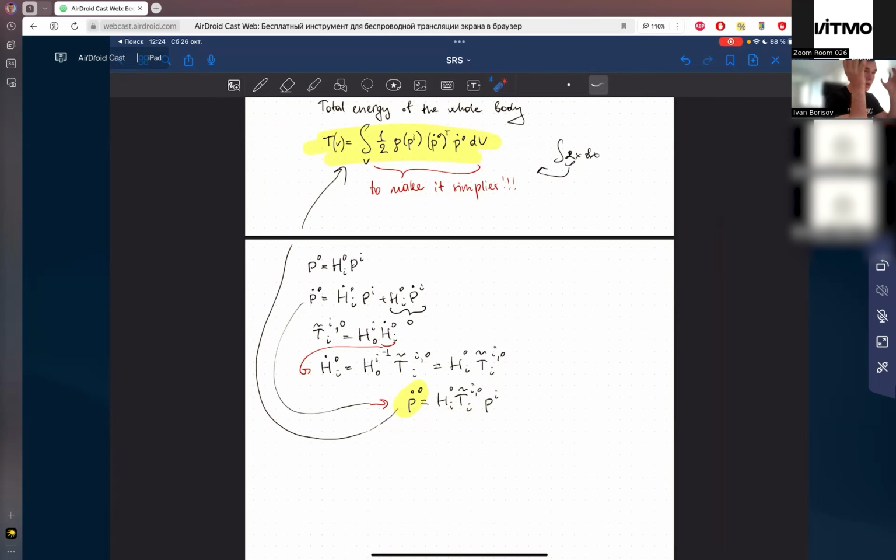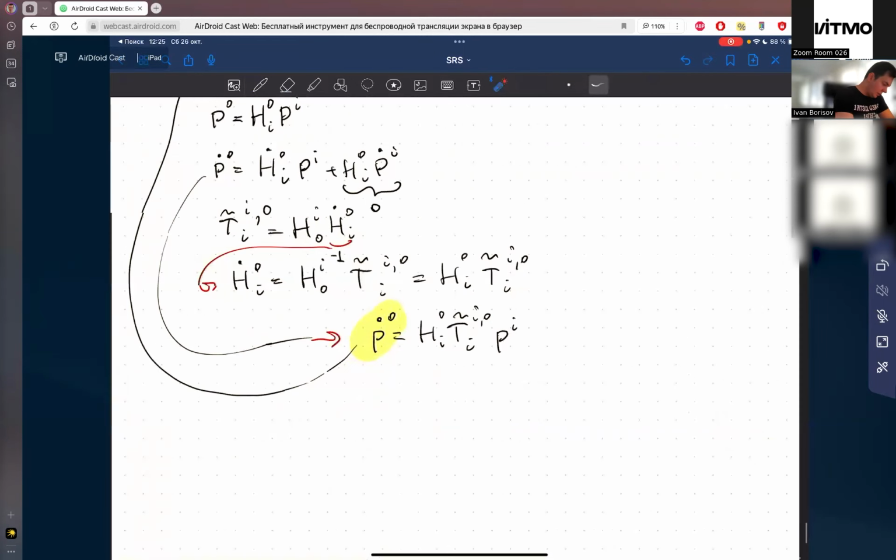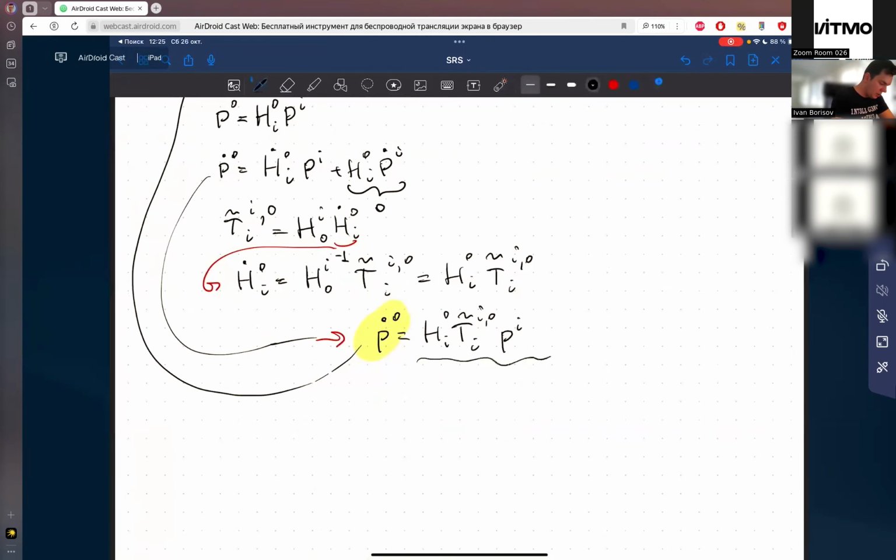It's something that we would like to do. We would like to see the twist inside the integral sign, such that we can take it out of the integral. And the rest of the stuff will stay in the integral, and it will be easier for us to take this integral. This is the motivation. So let us proceed with this equation such that we can make it even simpler.